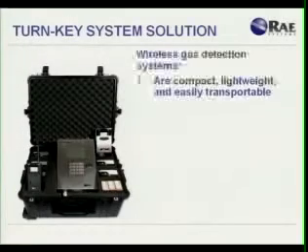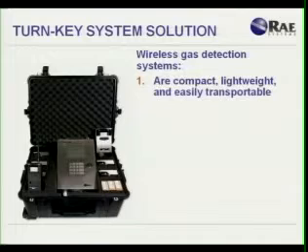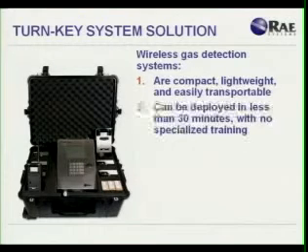Okay. So wireless systems are typically a turnkey system solution. You really want them to be compact, lightweight, and easily transportable. That's really the major benefit of having a wireless system. As you can see in our example here, in this Pelican case, you have 8 detectors and a controller. All can be deployed by a single person in less than 30 minutes. That 30-minute deployment time is really a key asset when you're talking about oil and gas exploration.